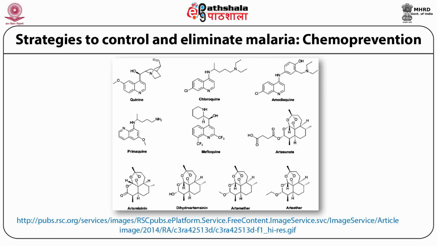These drugs, which are shown in this figure, majorly target the blood stages to relieve the symptoms, the liver stages to prevent relapses, or the transmission stages to protect against further spread.